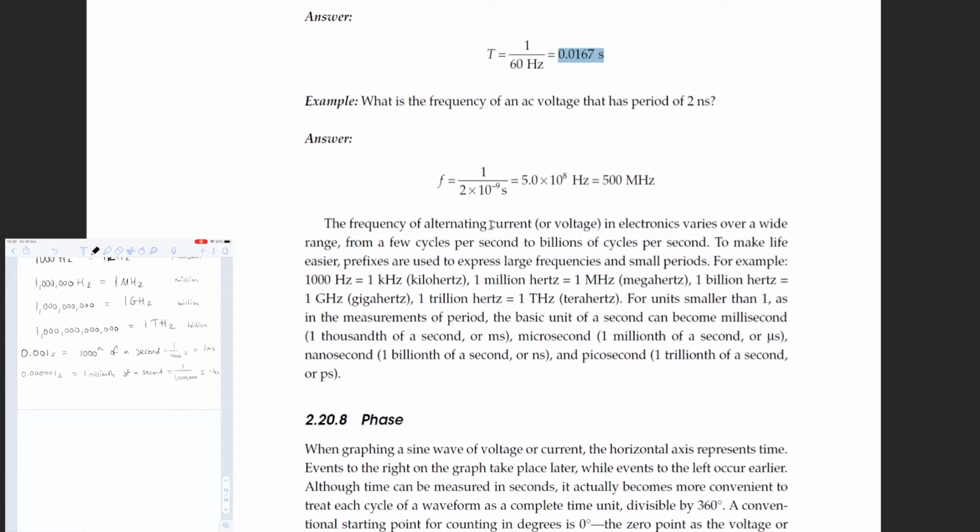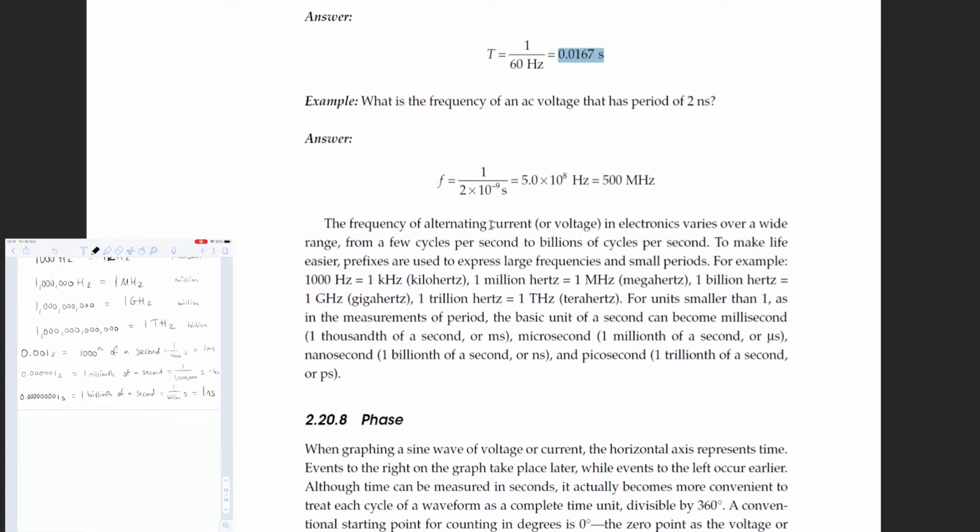That's a lot of zeros. So how many zeros is that? 5, so it'll be 8 zeros. 0.00000001 seconds is equal to 1 billionth of a second, which is equal to 1 over a billion seconds, which is equal to 1 nanosecond.